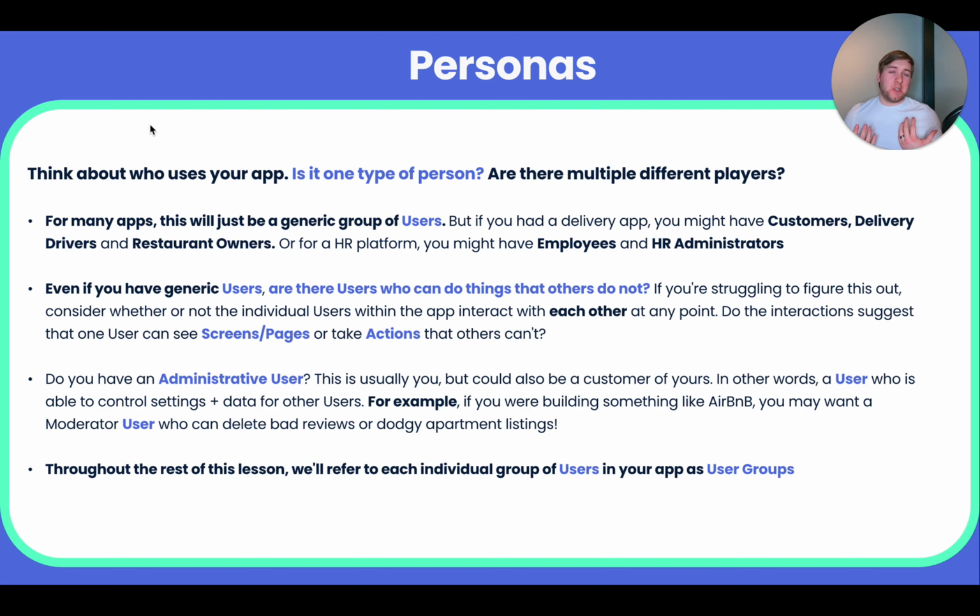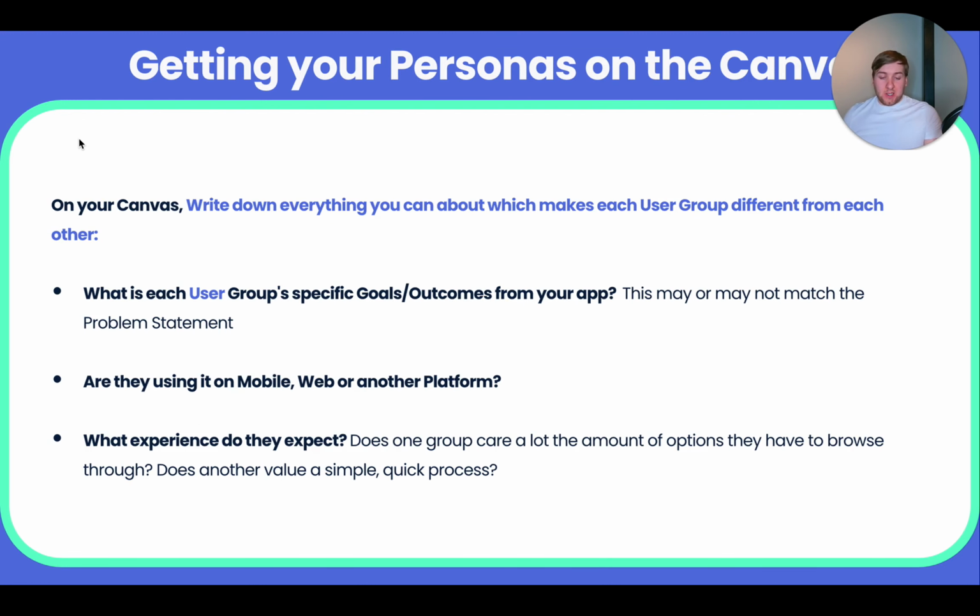And so we're going to use the phrase user groups as a generic way to refer to anybody. So if you've got drivers, doctors, hairdressers, customers, users, whatever you're calling it, we will refer to them as a group of users, or in short, a user group.